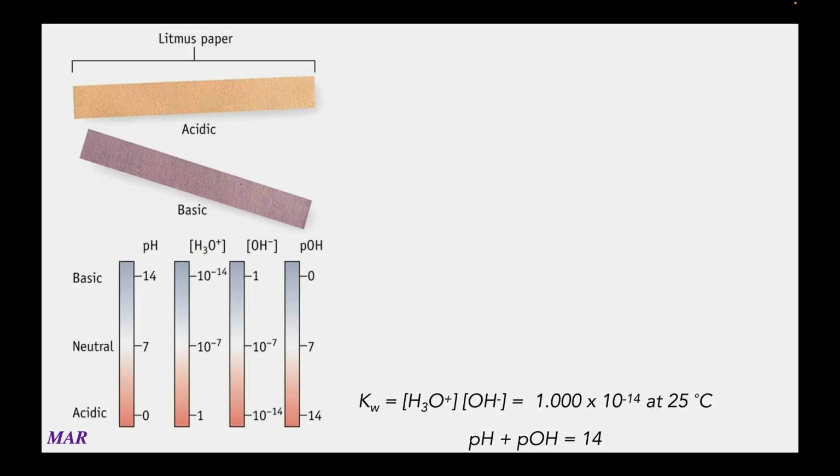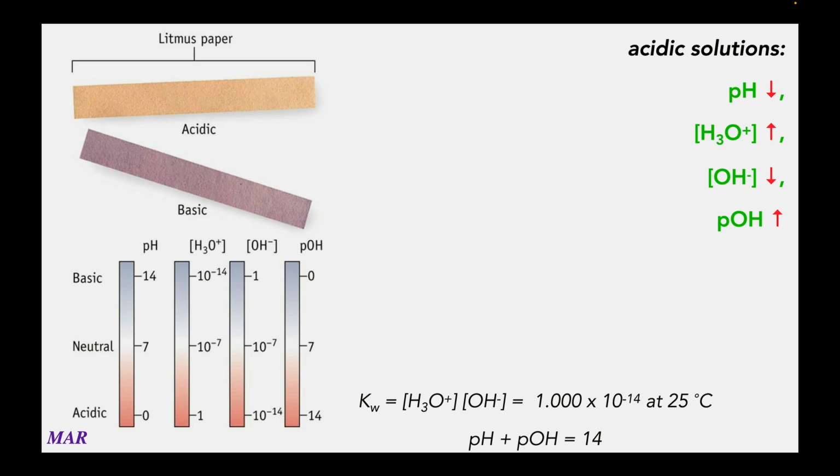So we're going to go through some relationships here to think about how these acid and base things operate. An acidic solution will have a pH less than 7, all right? That's no problem. But a pH less than 7 means acid, and that means the hydronium will be greater than the hydroxide, the base part, all right? So hydronium will be a bigger number, and hydroxide will be a smaller number.